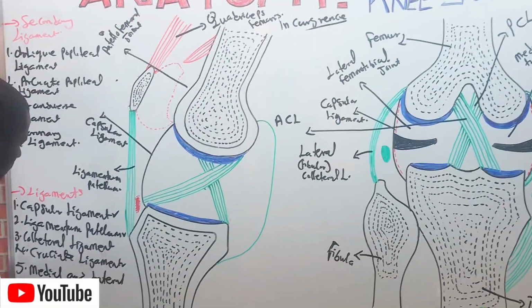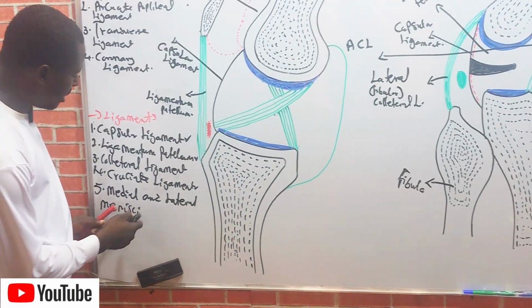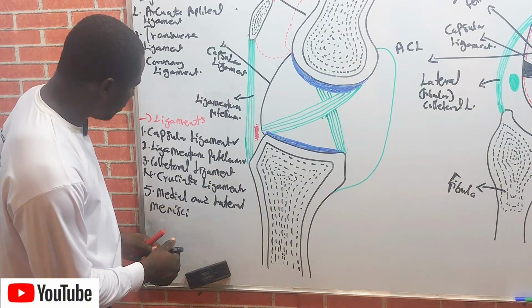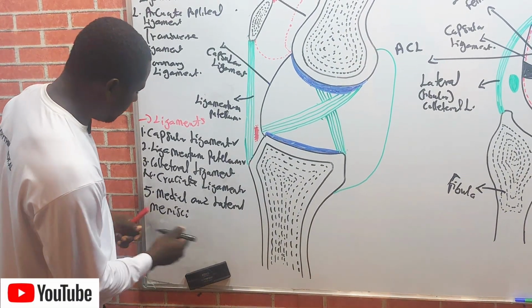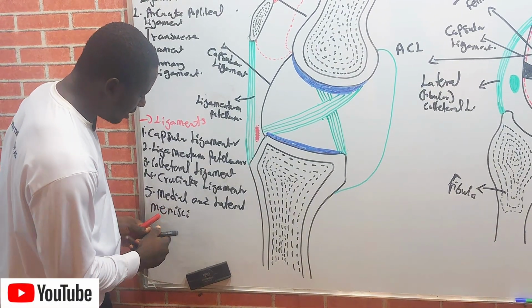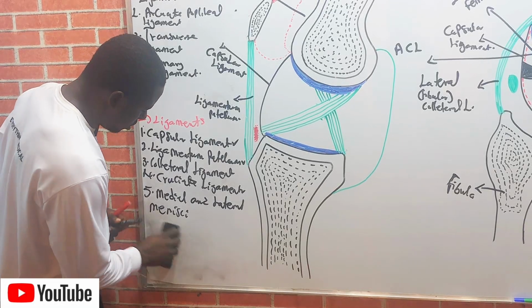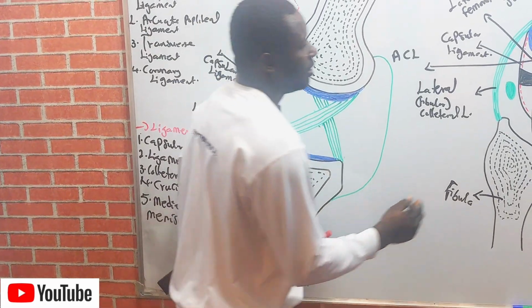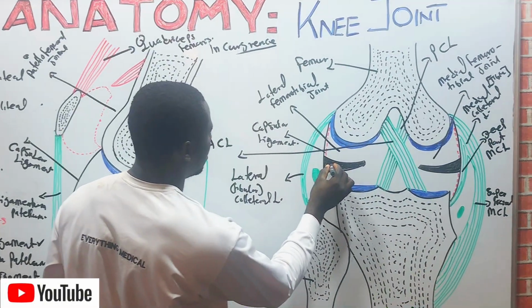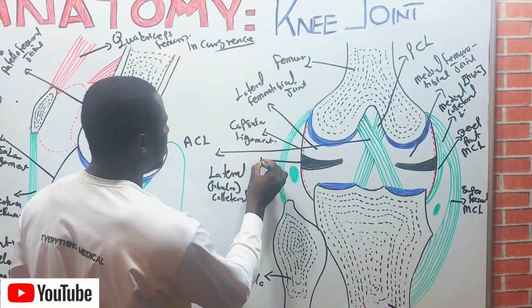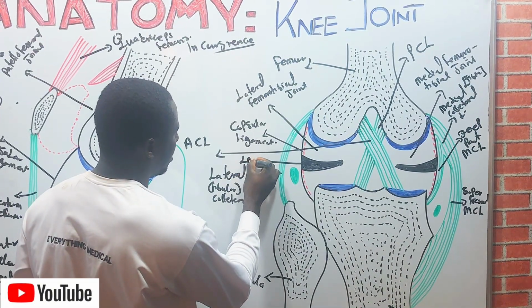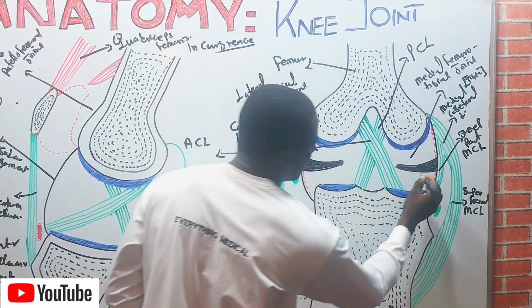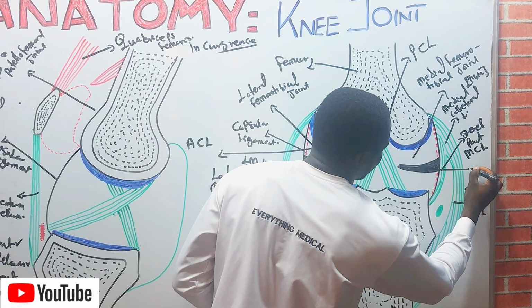Now, the medial collateral and the medial and lateral menisci, let's discuss this. This is the lateral meniscus, while this is the medial meniscus.